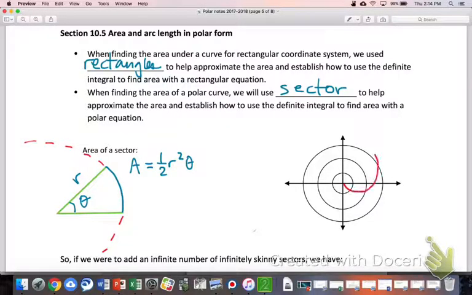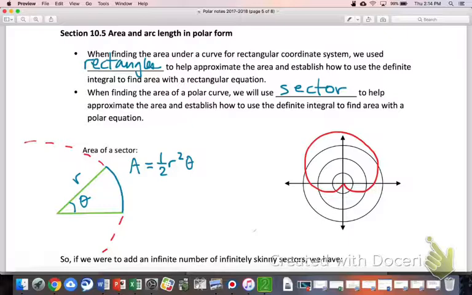Say we had a cardioid that looked like that, a little lopsided, and let's say we were going to try to find the area of the whole thing. Let's say we had absolutely no idea how to find this. If you think back to area under a curve, you might have eventually arrived at, what if we just use some rectangles? That would be a good approximation, right?